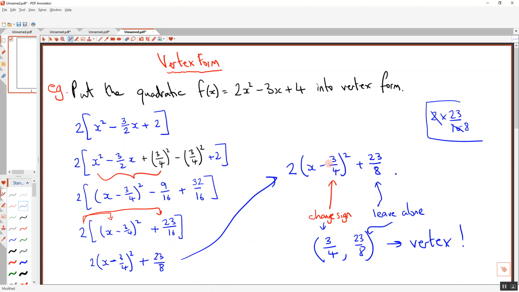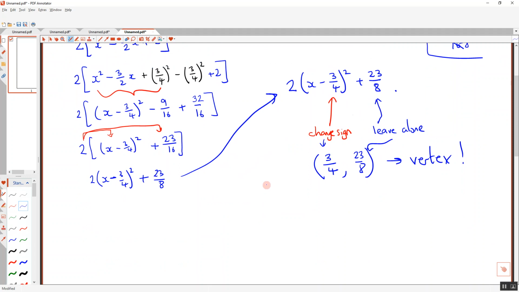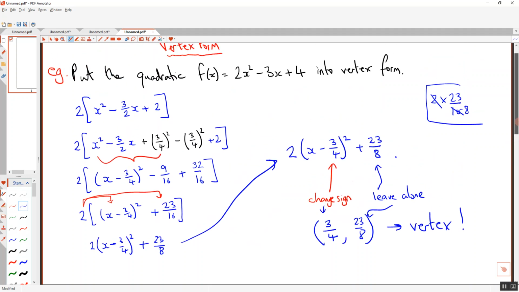Alright, so you change the sign of this one, keep this one the same, okay? And it gives us what the vertex is. What is the vertex again? Like, what actually is it? Yeah, it's the minimum or maximum point. Is this a smiley parabola or a sad parabola?